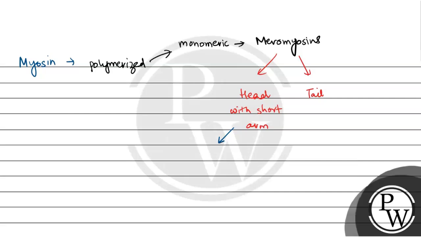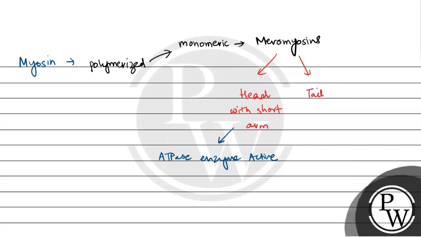This head has the main functional importance, जिसमें जो head होता है it has an ATPase enzyme activity such that इसमें जब भी ATP bind करता है तो ये ATP को cleave करके ADP और Pi release करता है and uses the energy for muscle contraction.